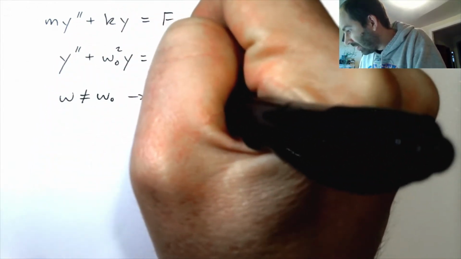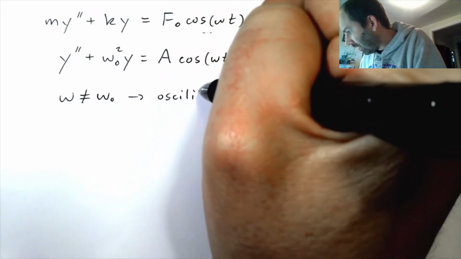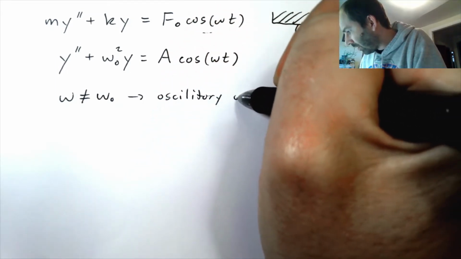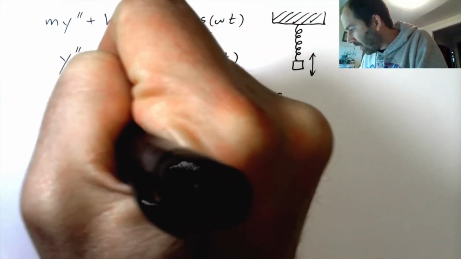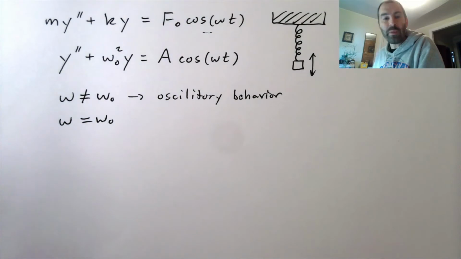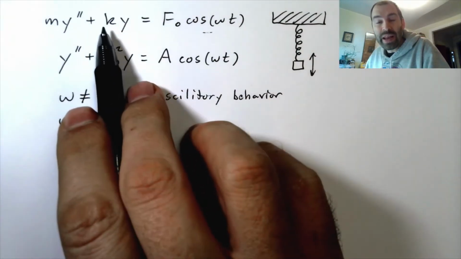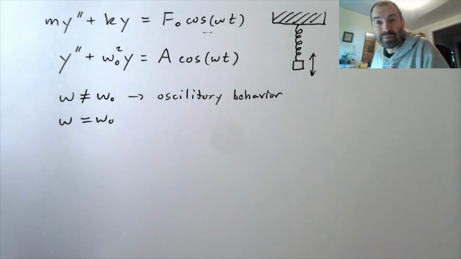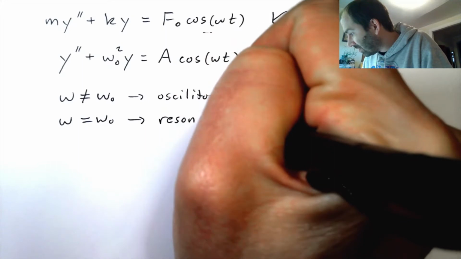So we get this oscillatory behavior. Now, if omega equals omega naught, what happens? Well, now the force has the same frequency as the natural vibration of the spring system. What's going to happen there? Well, this is what's called resonance.